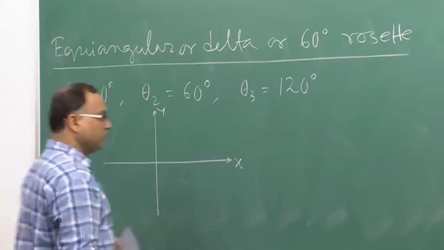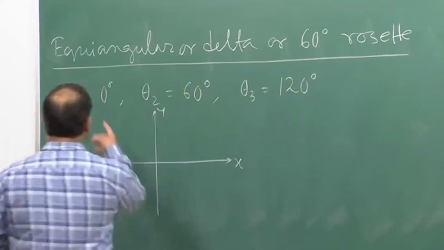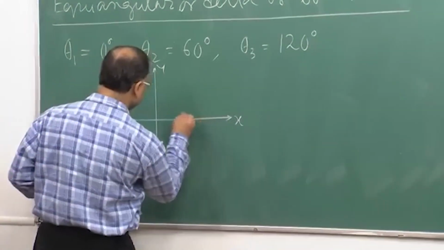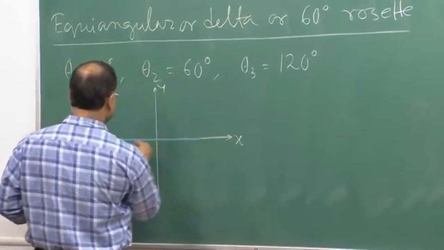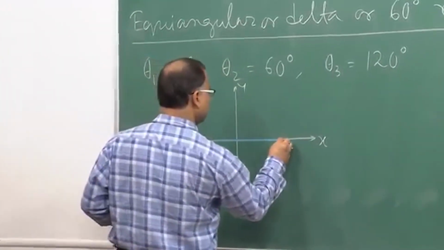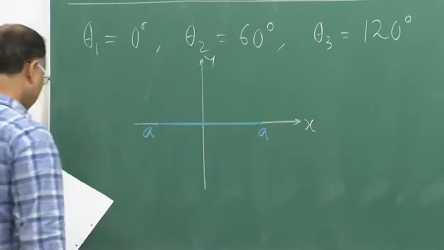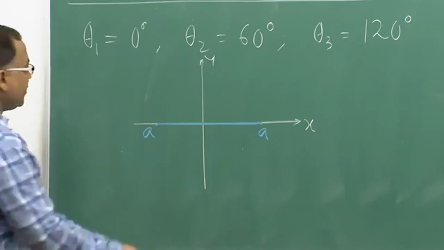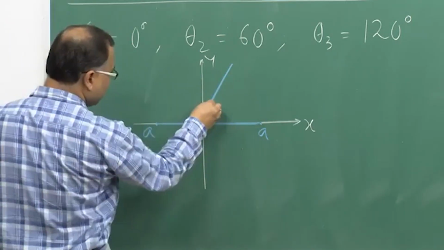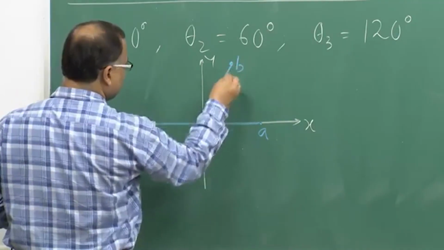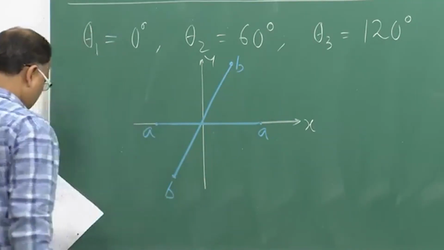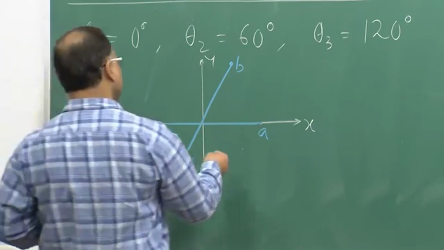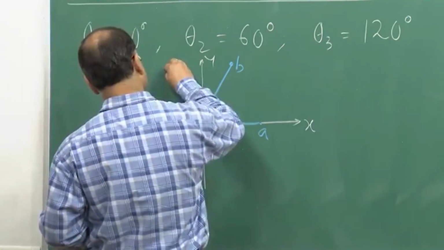Okay. So, theta 1 is 0° means A line will be coinciding with x axis. So, that is fine. So, that is like this. So, this is your A line. Okay. Now, BB line will be making an angle 60° because theta 2 is 60° here. So, BB line will be making an angle 60° with x axis. This is your BB. And CC line will be making an angle 120° with x axis because theta 3 is 120. So, this is 60 and this is another 60.